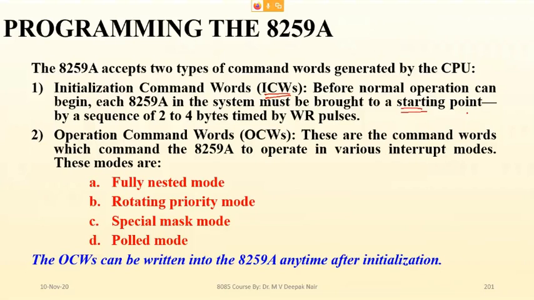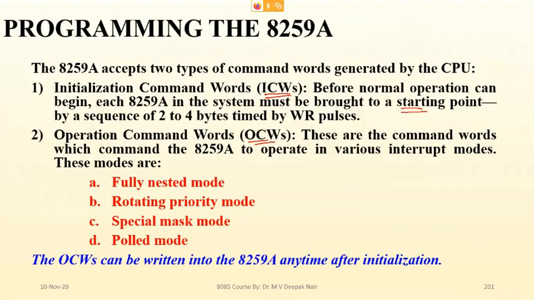After passing all the required ICWs, we can start receiving the interrupts from the 8259. Then we go through the OCWs if required. These are not mandatory, these are optional.